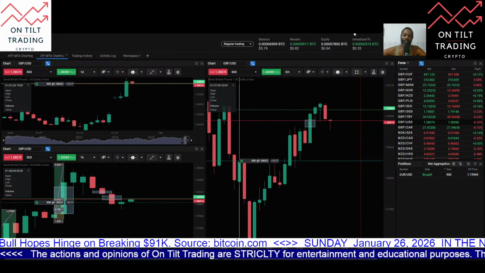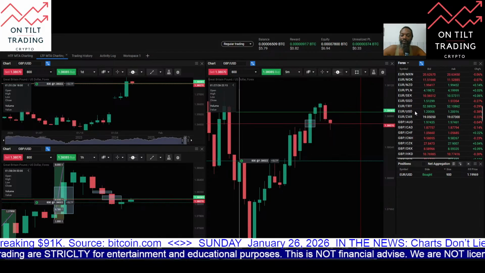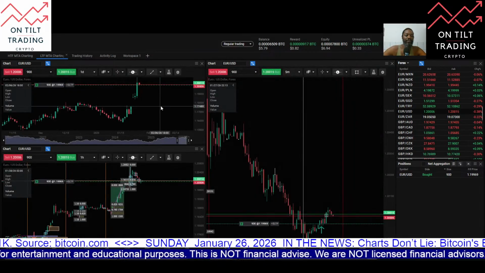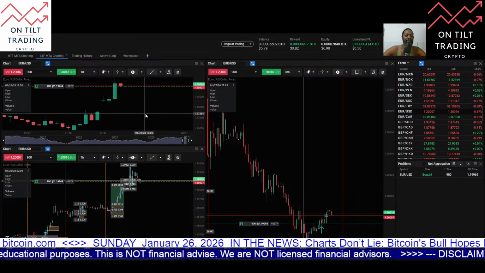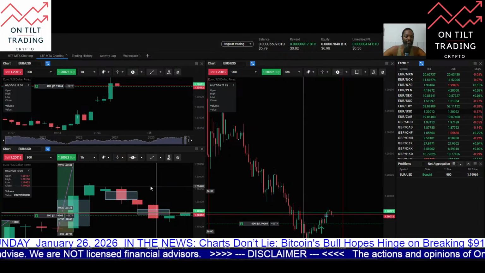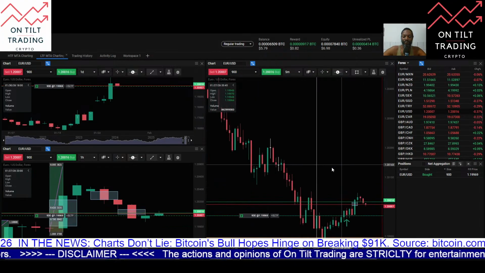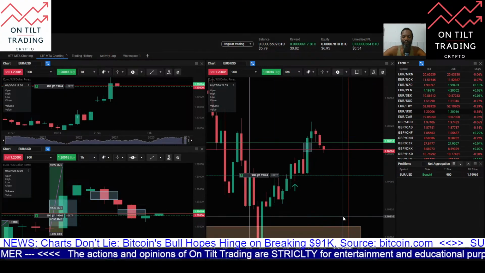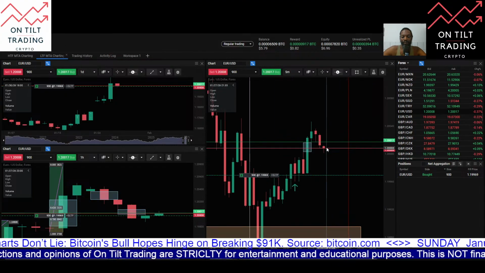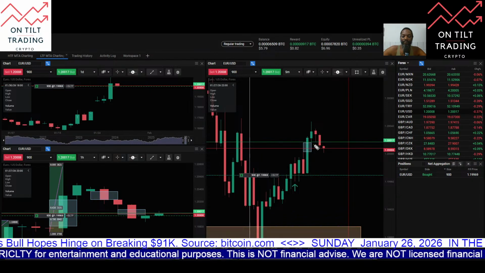Here price reacting here in the fair value gap. See here, price closed inside of the fair value gap here.